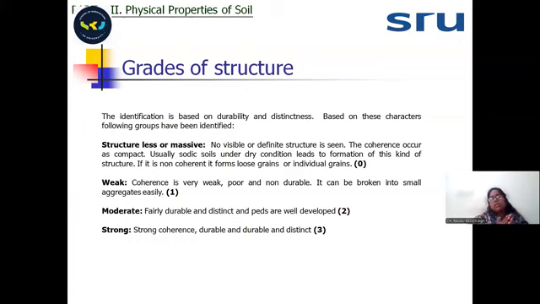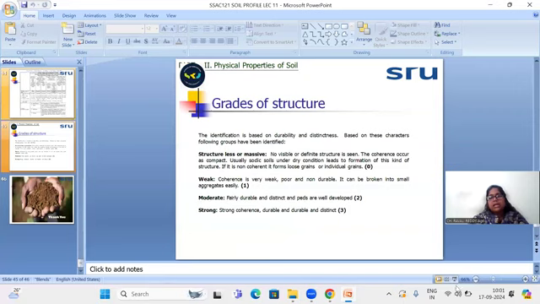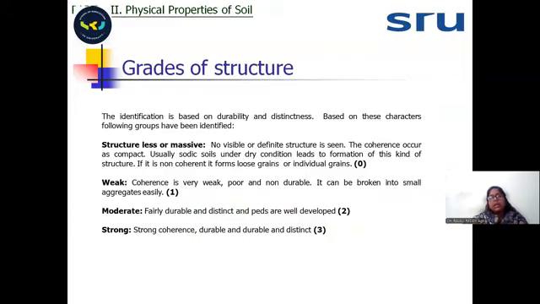Then you should also understand how structure and texture differ. That means the difference between soil structure and soil texture. First you will write the definition. Soil structure is the arrangement of the soil's physical primary constituents, that is sand, silt, and clay, how they are arranged. And soil texture is the relative proportion of sand, silt, and clay. Then soil structure is not a basic property, whereas texture is a basic property because it cannot be altered by any physical manipulation.